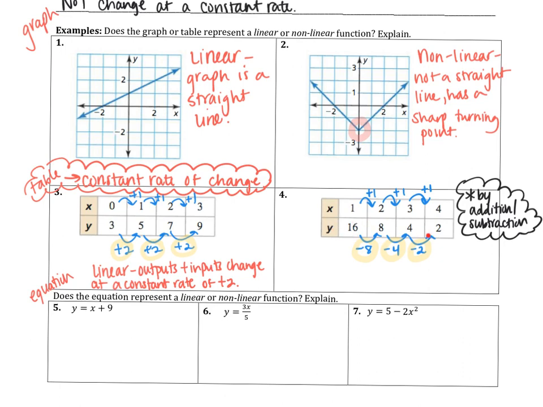That is not linear. In order to determine if something is linear, they change at a constant rate, and that change is done by either addition or subtraction. So just something we want to make note of. So down here for number 4, we can say this is nonlinear. Our outputs are not changing at a constant rate.